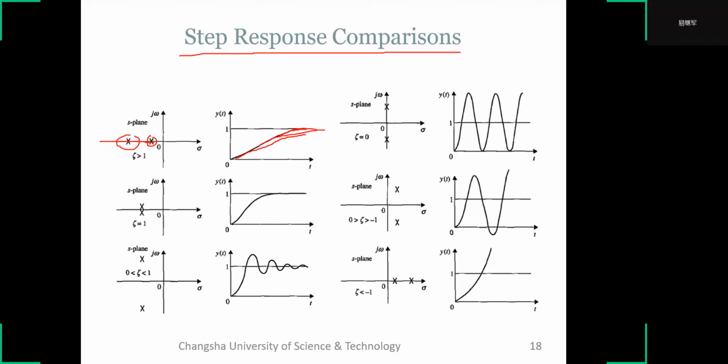If the poles are in the minus half plane but close to the axis, we can see the system response curve rises faster than this one. If the poles are here and here, the response curve is like this.